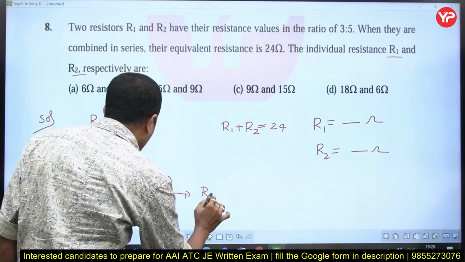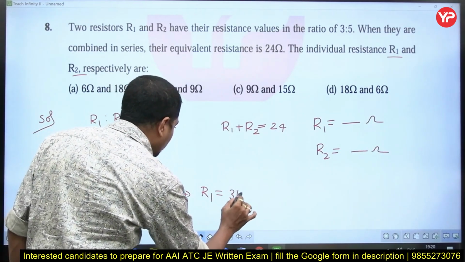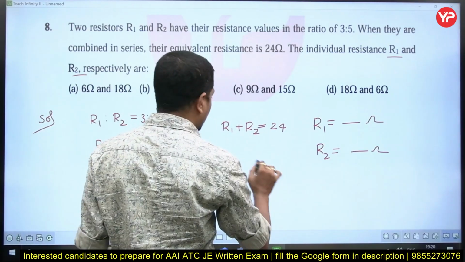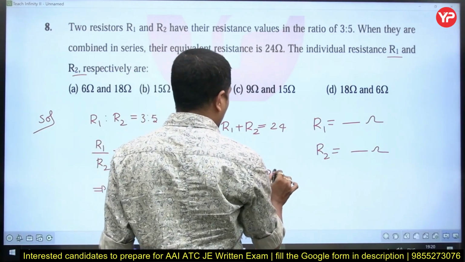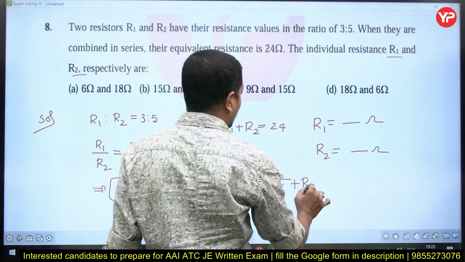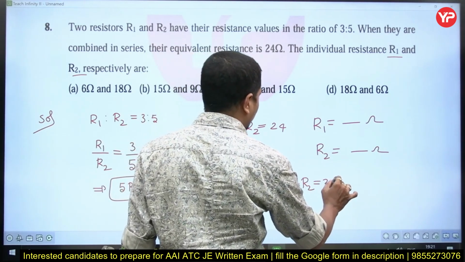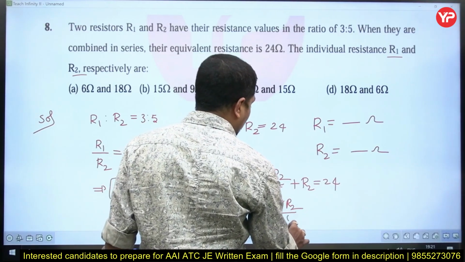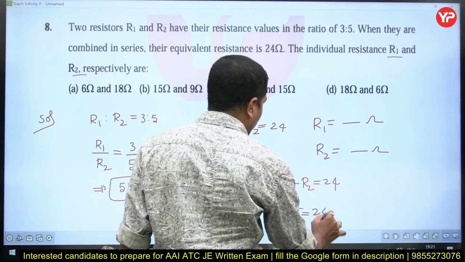From this, R1 is equal to 3R2 by 5. Substitute there: 3R2 by 5 plus R2 is equal to 24. 8R2 by 5 is equal to 24.